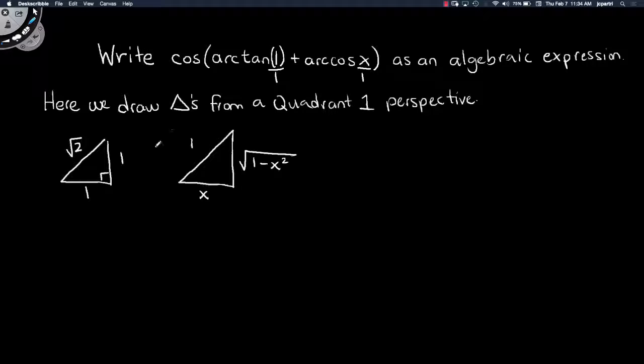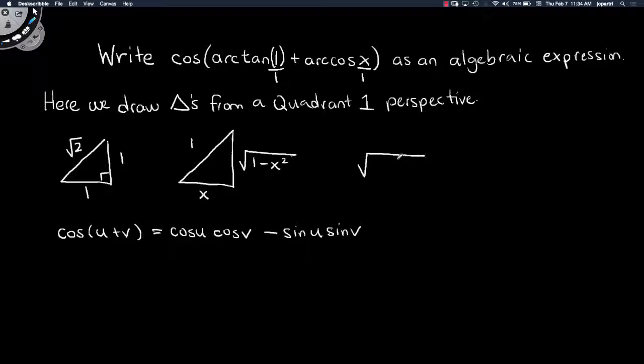Now, cosine formula. The cosine of u plus v is equal to the cosine of u, cosine of v, minus the sine of u times the sine of v. Why would you say the square root of 1 minus x squared? Why can't you just say 1 minus x? Because then you can just take the square. No, you cannot take the square root of a difference.